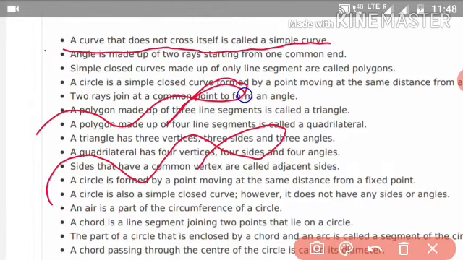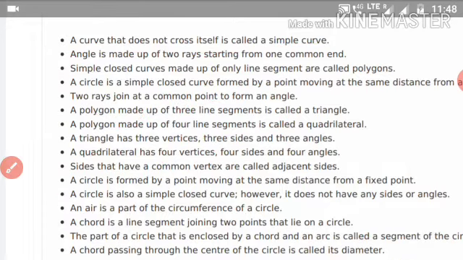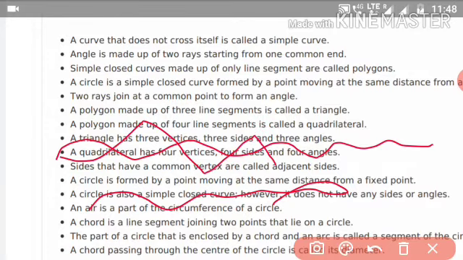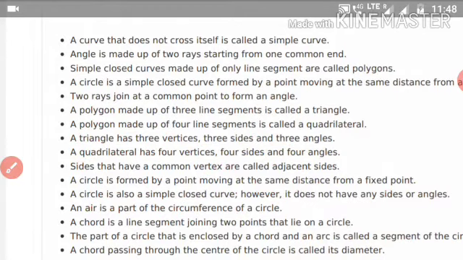If it crosses itself, then that will not be a simple curve. So a simple curve will be in this way. It will not cross itself. Understood? If it crosses itself, like this, then it will not be a simple curve.